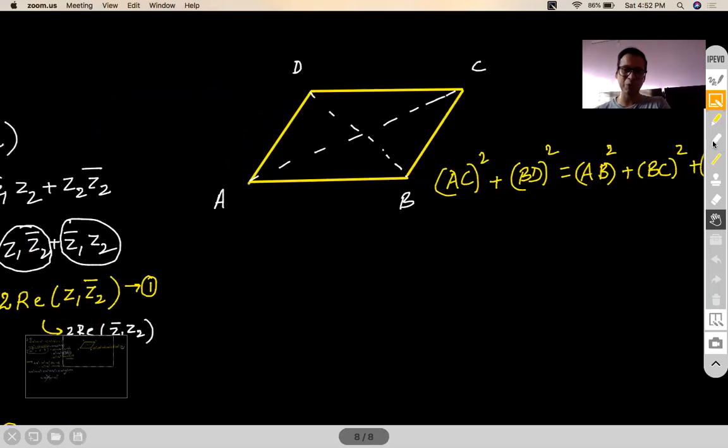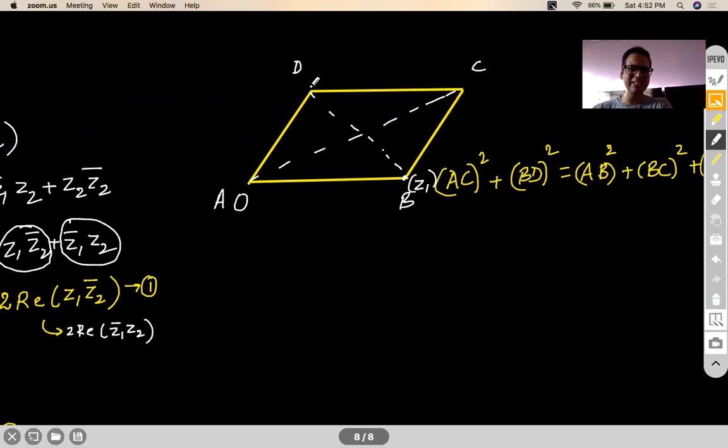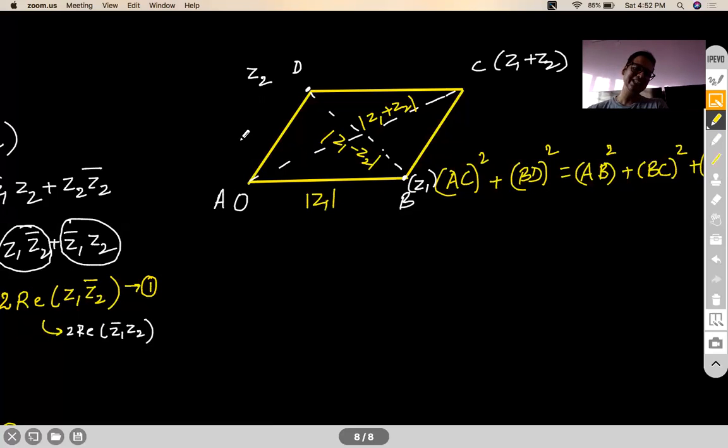You must be wondering how. Okay, let's say I consider this to be origin. And I consider this B to be the Z1 point, and I consider D to be the Z2 point. Then automatically C will become Z1 plus Z2. Correct? So we all know the AC diagonal length will be mod Z1 plus Z2, and the BD diagonal length will be mod Z1 minus Z2. OB length is mod Z1, and OD length is mod Z2.